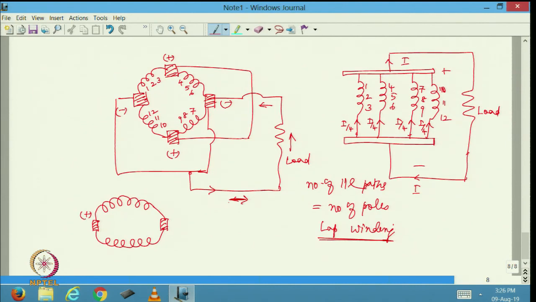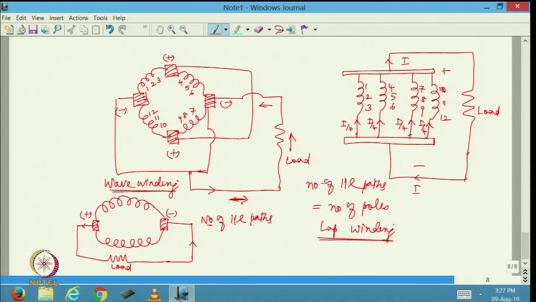So, this is going to be positive and this is going to be negative. Irrespective of the number of poles, I will have only 2 parallel paths. This is going to supply the current here, output, and I am going to have essentially the current returning like this. So, here is my load. So, this is actually my wave winding. So, in wave winding, I will always have the number of parallel paths equal to 2.